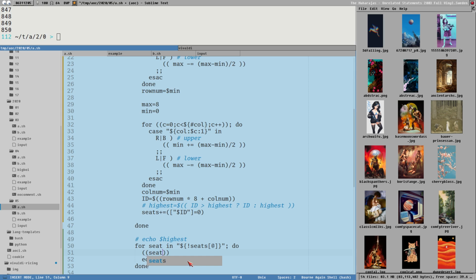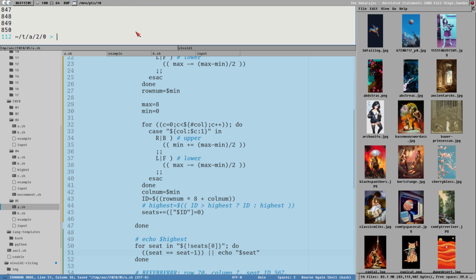If seat is equal to seat minus 1, or echo seat.